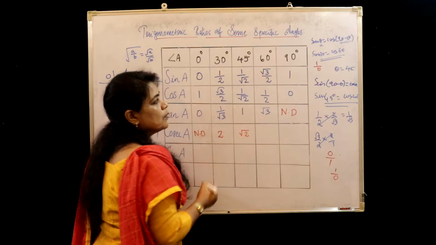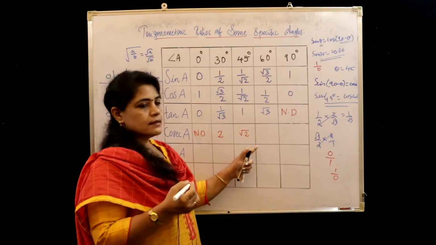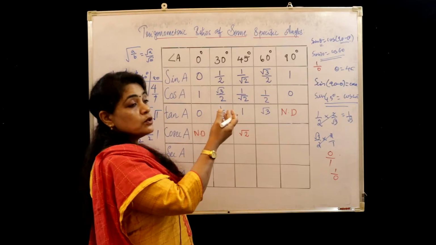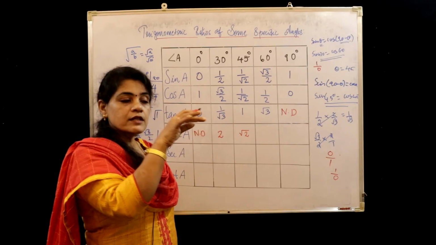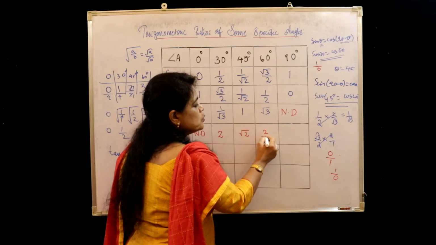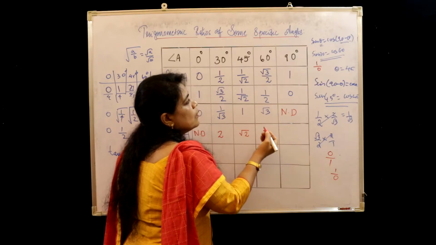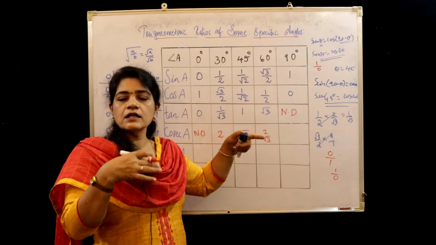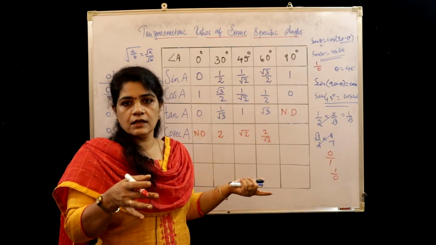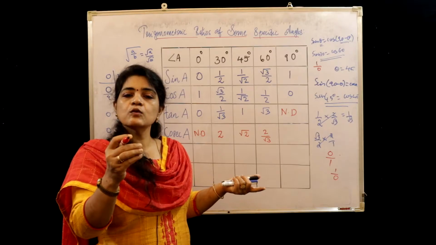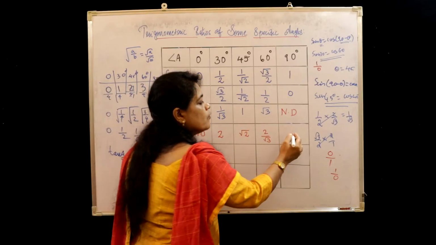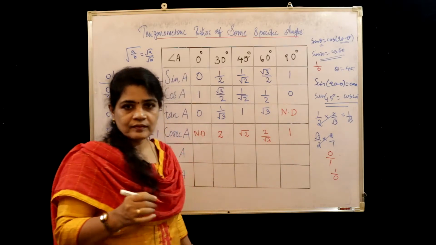And cosec 60, take the reciprocal of sin 60, that is root 3 by 2, its reciprocal is 2 by root 3. And sin 90 is 1, so its reciprocal is 1 itself.